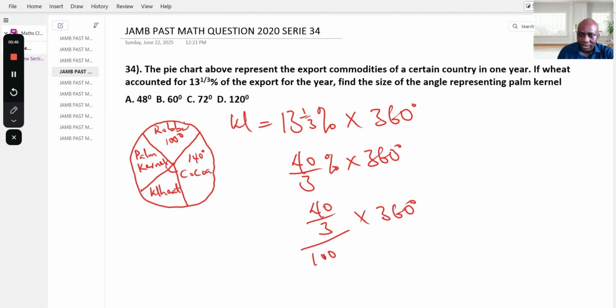Now this percentage, this division, let me bring it up. 40 divided by 3 divided by 100 multiplied by 360 degrees. To change this division to multiplication, I'm going to put the 1 up and bring the 100 down.